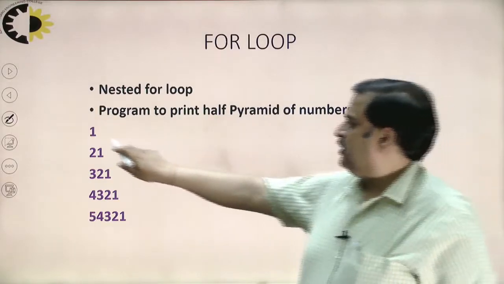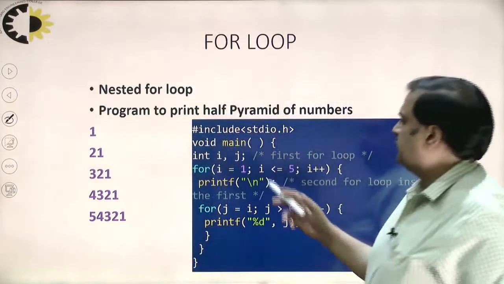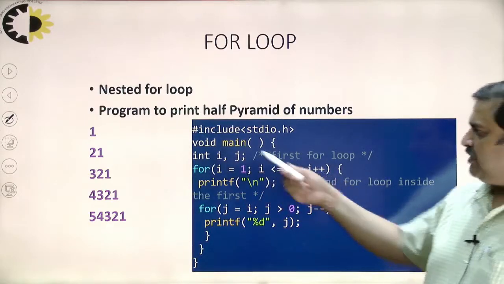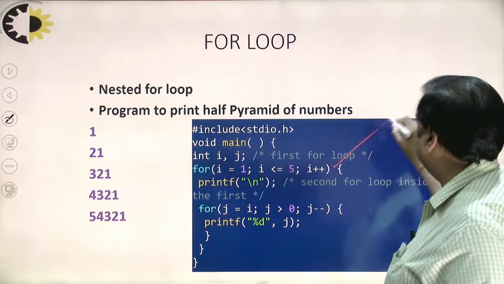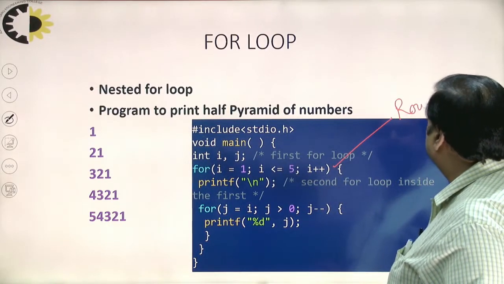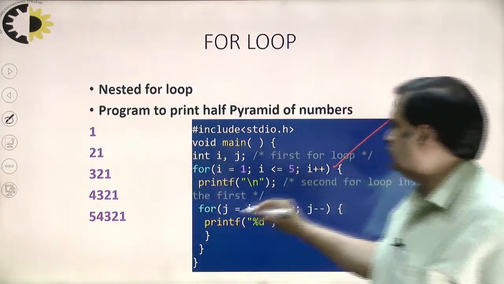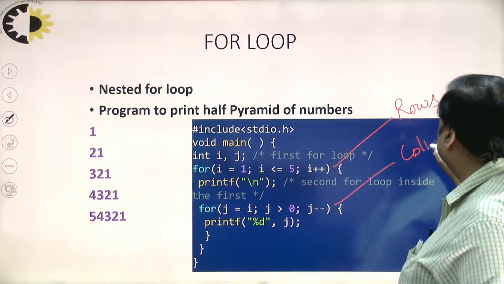So to print this, there may be a function like for I is equal to 1, I is less than or equal to 5, because the first loop is for rows. The first loop is for the number of rows, and the second loop is for columns.